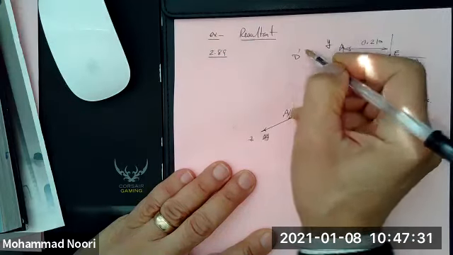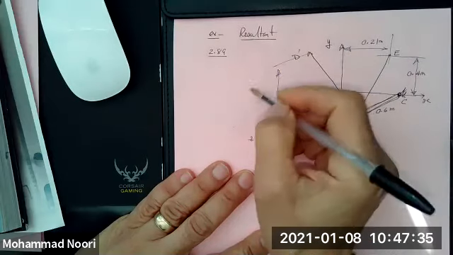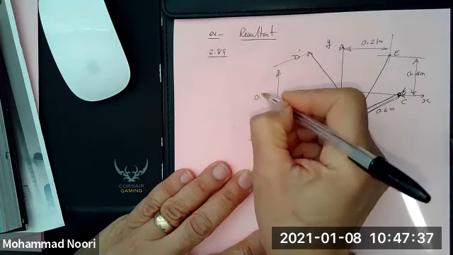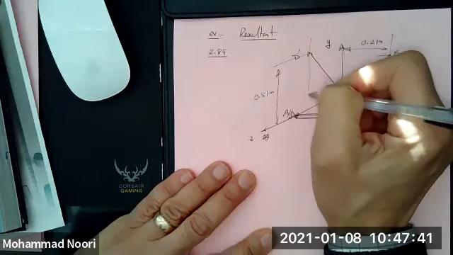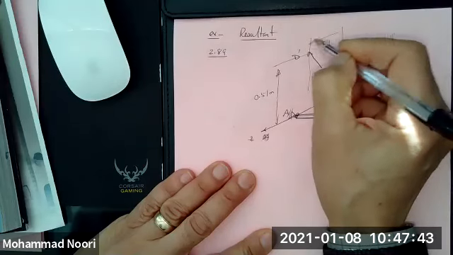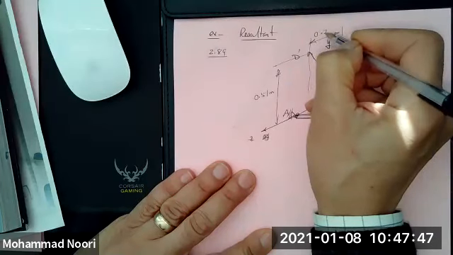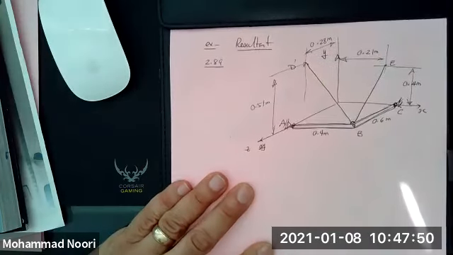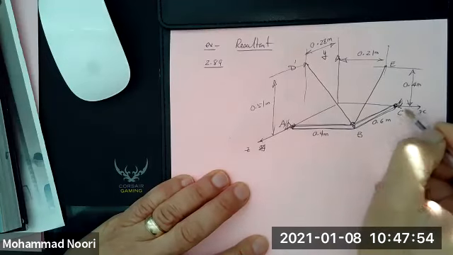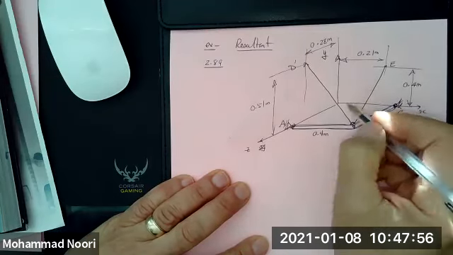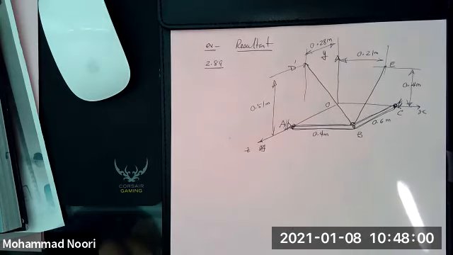For D, this height is 0.51 meters. And this Z is 0.28 meters, okay? All right, so I have A, B, C, O, okay? So this is the problem.